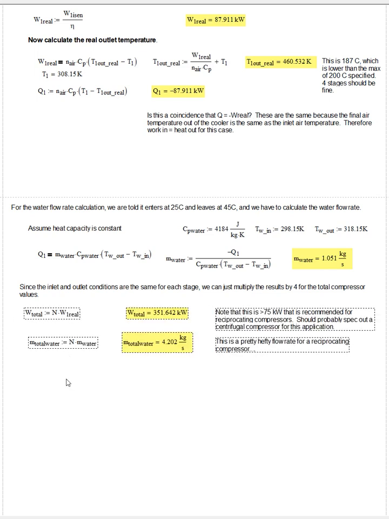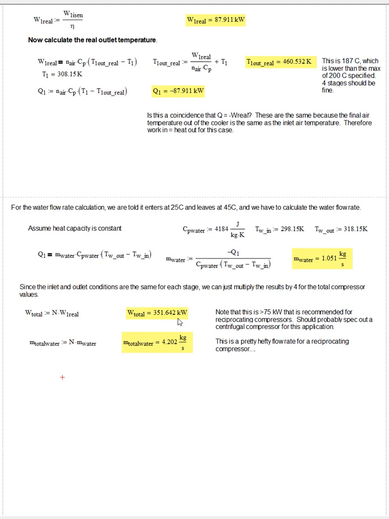And so all we have to do as far as sizing the entire compressor is just multiply the work values for the first stage times the number of stages. And so we see we get the total power required is about 351 kilowatts. That is a pretty large number.